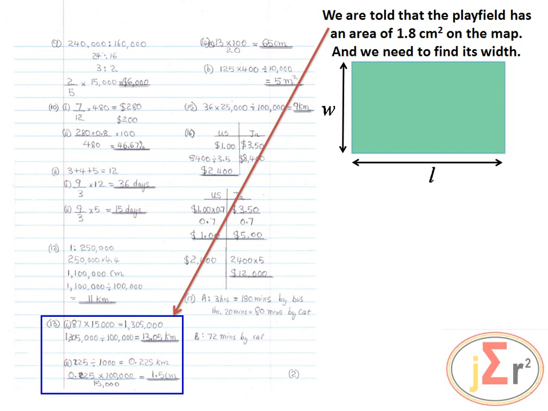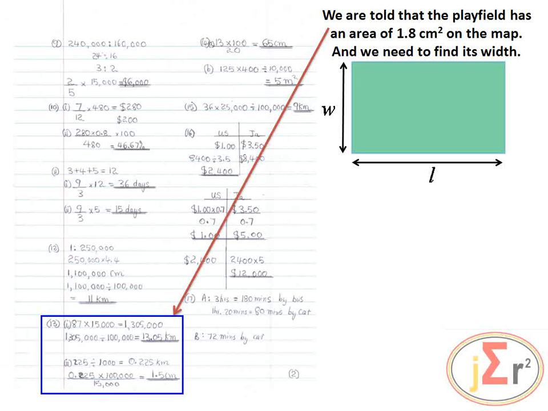So all we need to do is calculate the width as shown on the map, and very doubtful that we will have to apply the square, because we are told that the playing field has an area of 1.8 centimeters squared on the map, and we need to find its width. That's what we need to find.